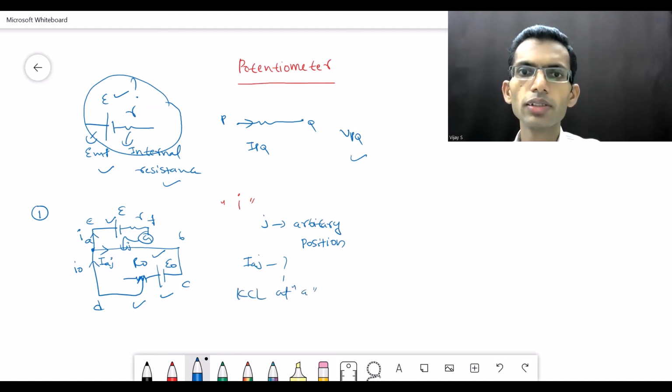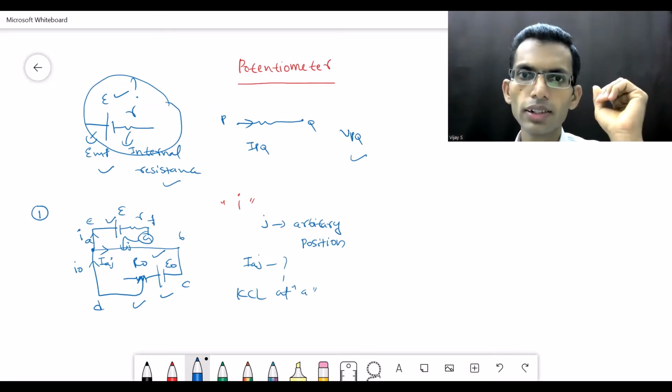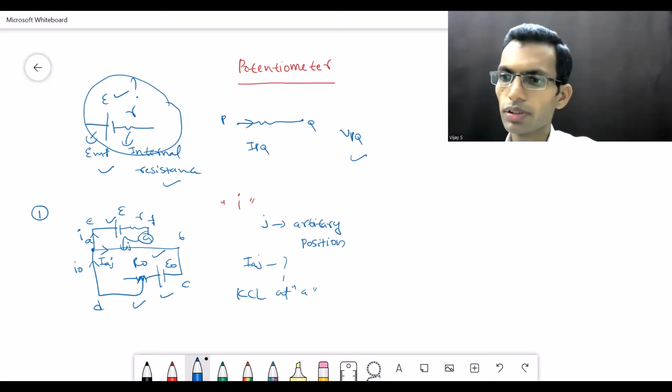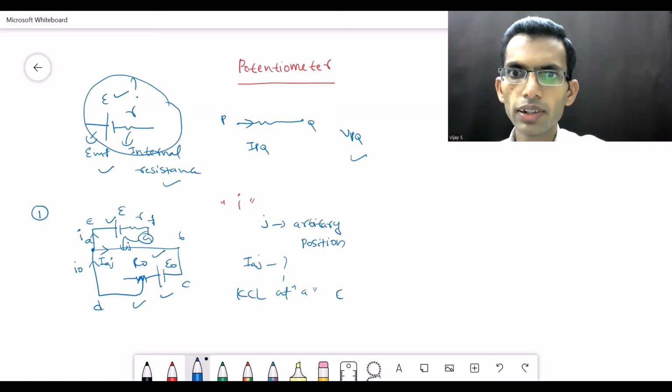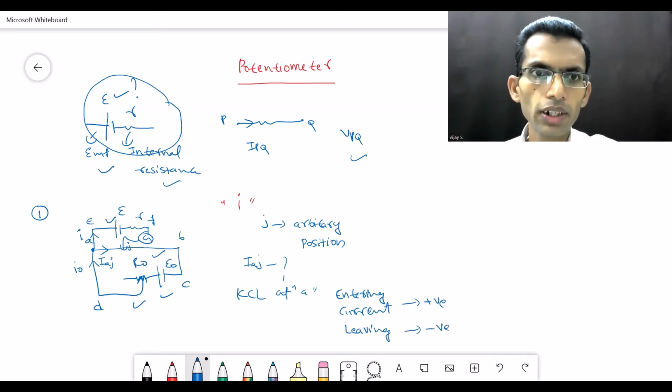What the KCL states? At any junction, algebraic sum of the currents must be 0. Let us say entering current is positive. So then leaving current is going to be negative. You can see. So here what is the current entering?